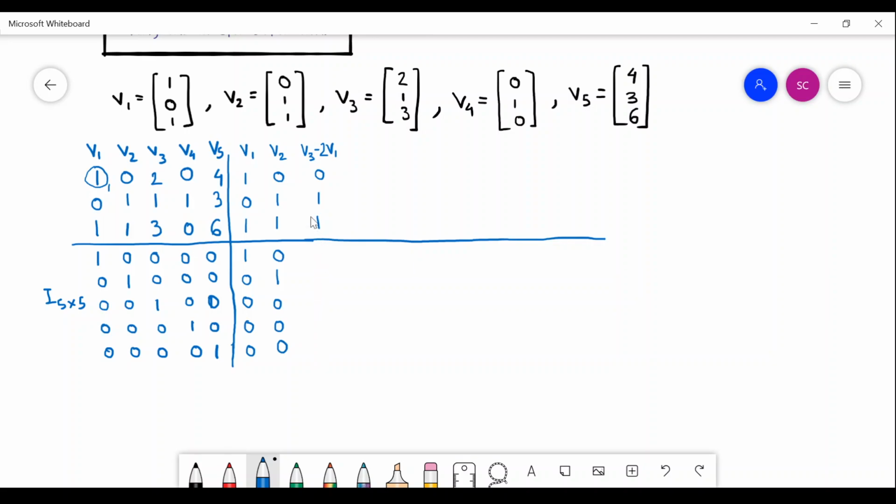So what is that same thing? You are taking the first vector, scaling it with -2, adding it to this vector. Same thing, you should take the first vector here, scale it with -2 and add it to this particular vector, so you would get -2, 0, 1, 0, 0. Here nothing to be done, because the first element is already 0.